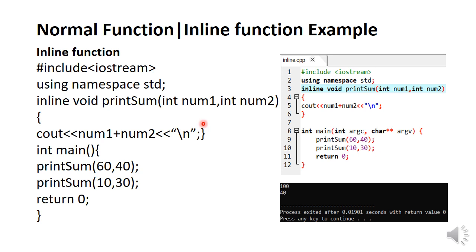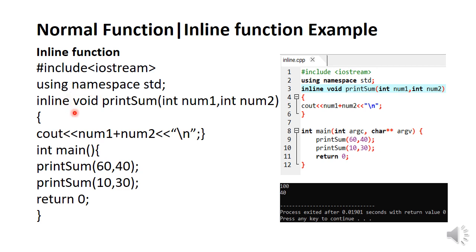So let us see a C++ program with an inline function and discuss how a C++ inline function is compiled and executed by the C++ compiler. It is an inline function because the programmer has used the inline keyword here. The inline function is called print sum.